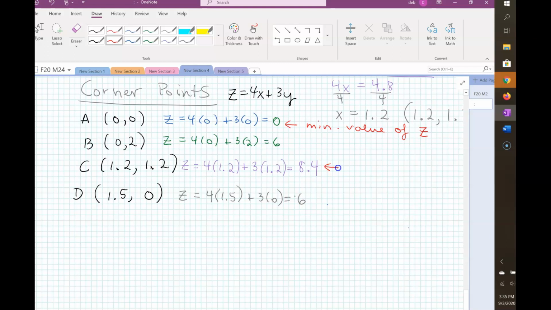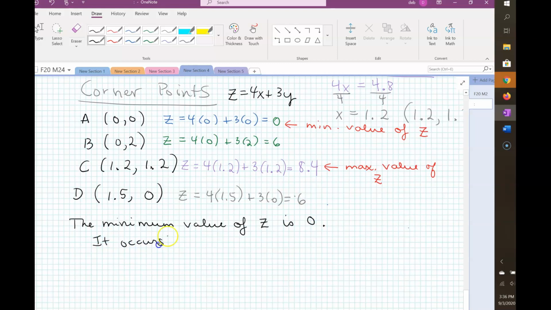So then we can also see that 8.4 is the max value of Z. So I want to give you some sample sentences because you're going to be asked in 7.3 to interpret scenarios. And so you're going to be saying something about the minimum value of Z, whatever Z is representing, is 0.